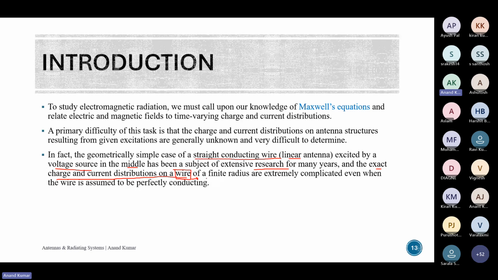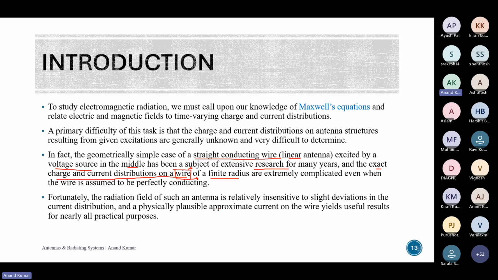The cross section is reduced, and we assume a lot of current flowing on the surface. That is not ideal, but it gives us a fair idea. We consider finite radius and all these things. But radiation fields are not very much affected by these things, so approximations work in our favor. There might be slight deviations, but we can explain them, and for practical purposes we are able to make good models for these antennas.